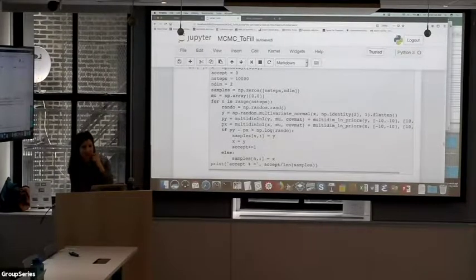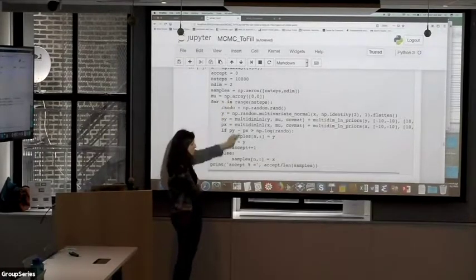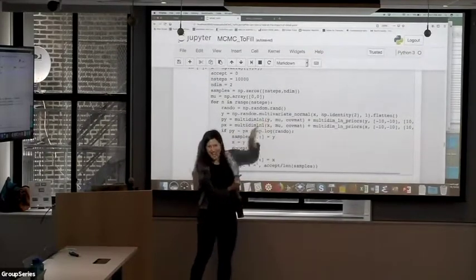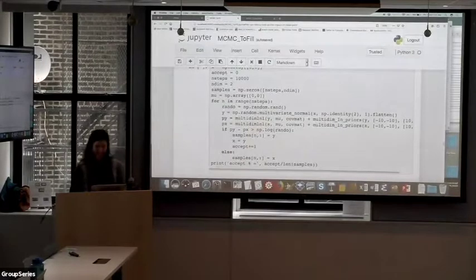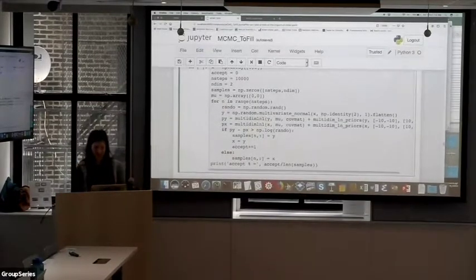Any ideas of where that is? Is it here? No. Is it here? Yeah, very good. So here, at the moment it's the identity matrix, and I make it tiny.